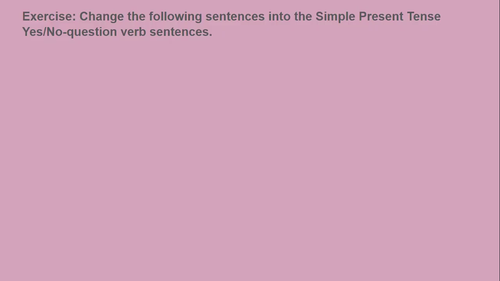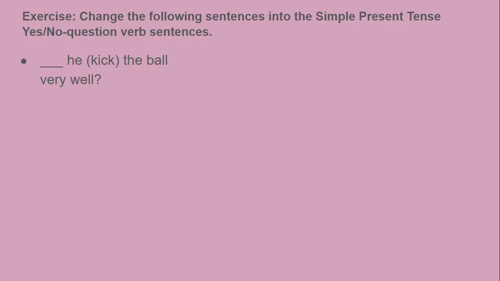Let's start with the first one. So, he kicked the ball very well. We need to make this sentence a yes-no question. How do we do that? We look at our subject. As you can see, the subject is he. If the subject is he, then the auxiliary verb that we should use to form our question has to be does.